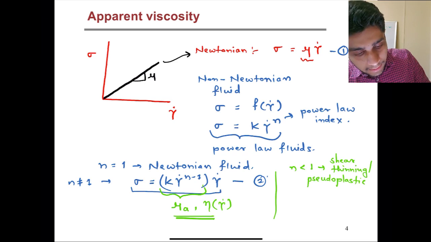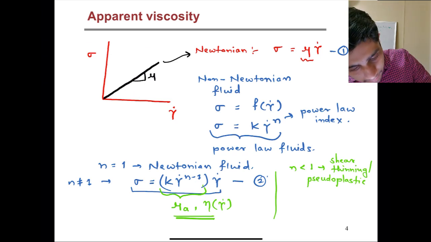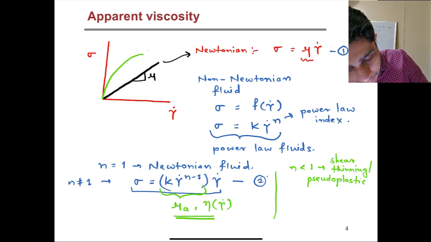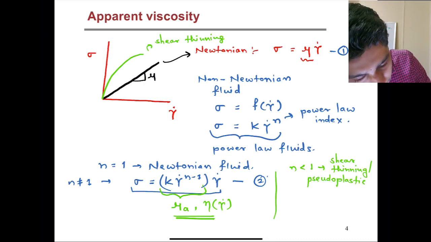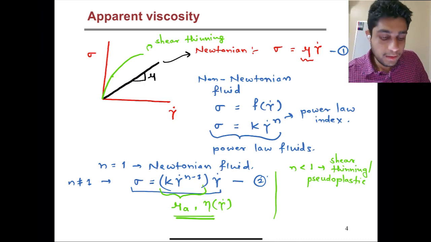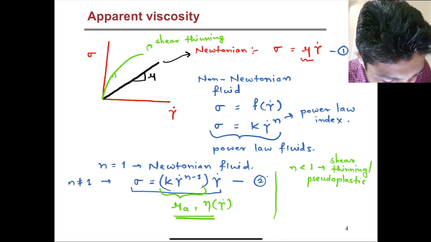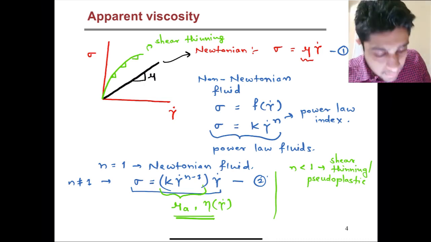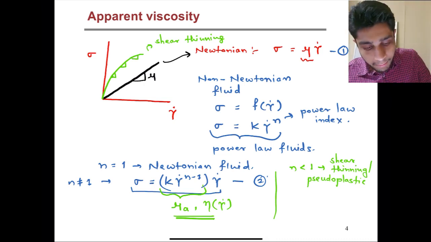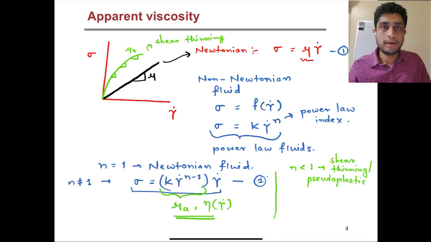And in the shear stress versus shear rate diagram, we can draw a shear thinning fluid like this. And now if you look closely at any particular shear rate, if we find the local slope of this curve, it basically gives us the apparent viscosity at that point.